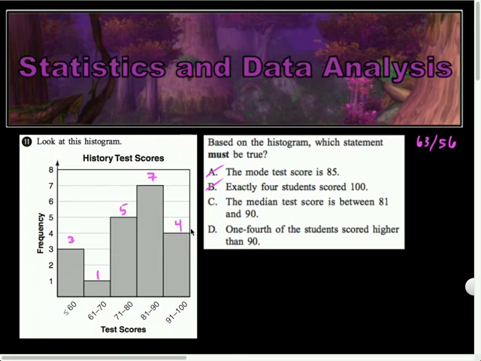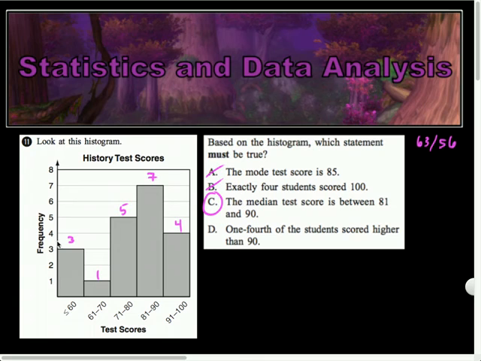Counting back from the top, here's 4, here's 11. 11 students were from this point on. So the 10 and a half student must have been in this category. It wouldn't have been in here because that wasn't the midpoint. Somewhere between 4 and 11 occurred the 10 and a half student, so it must have been in this category. So the median score is definitely here, and this one is definitely true.